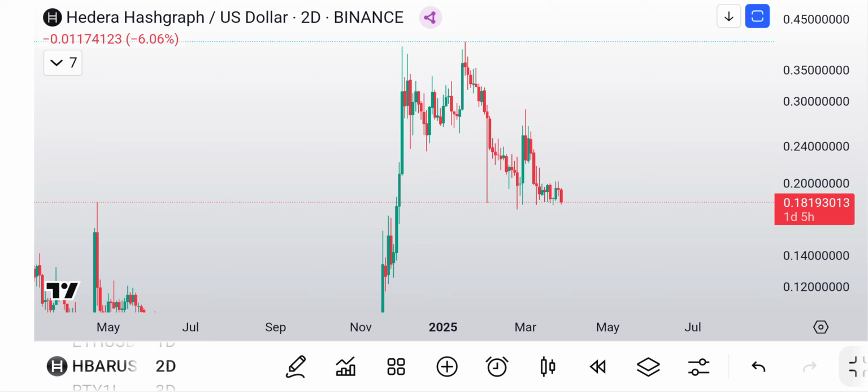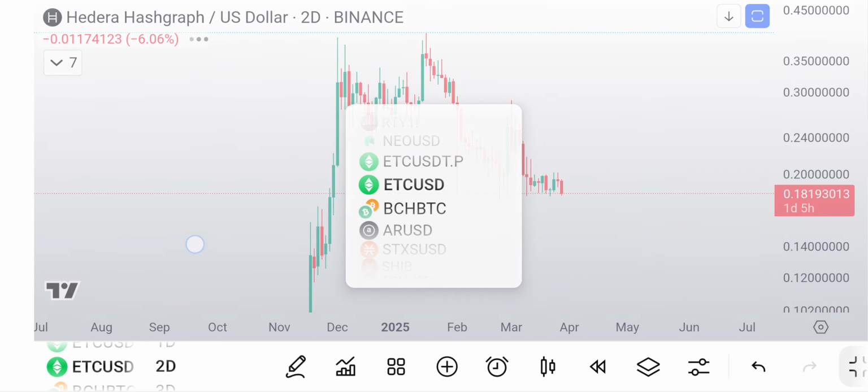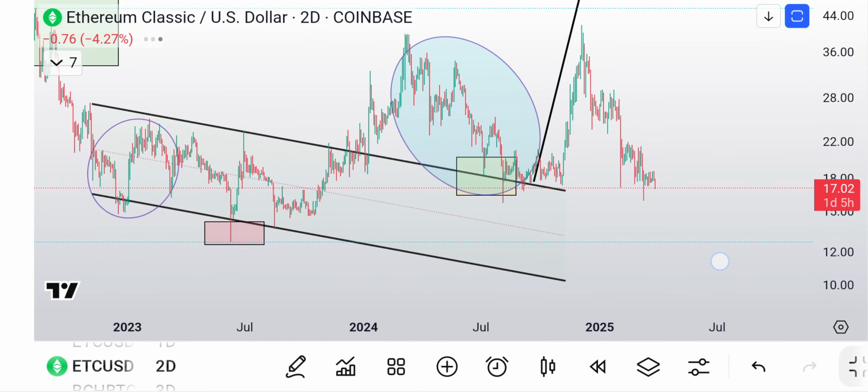But I guess you have this wave here, and then you have a 3-wave move up, and then it looks like you're going to get a move down, and that could be like a three-wave move down. So something like that. Yeah, I just don't like HBAR at all. It looks like it's on the edge of a cliff, to be quite honest.